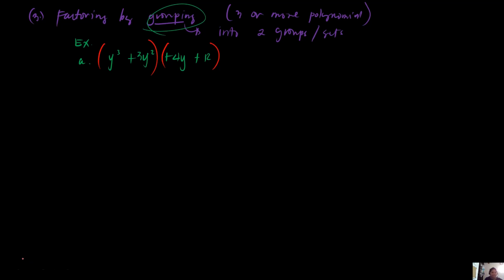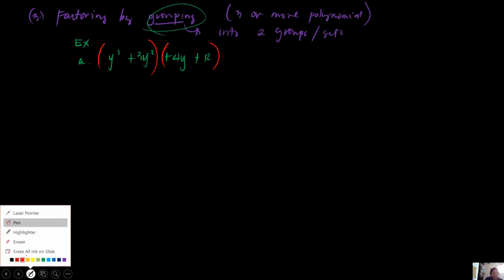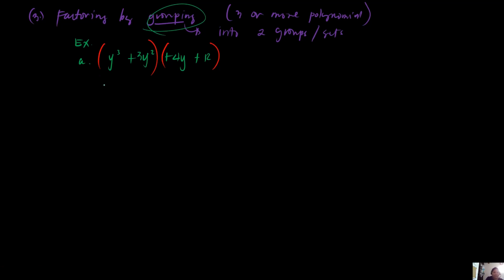Okay? So, we will have y cubed plus 3y squared as the first group. The second group, we have positive 4y plus 12. Okay, then let's get the common factor of each group. Let's get the greatest common factor of the first group.